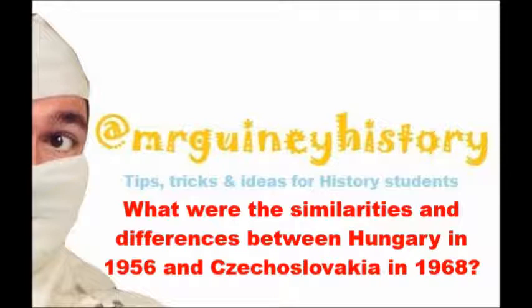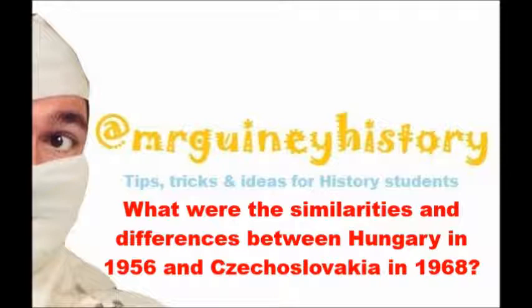Khrushchev would not allow for it. Czechoslovakia, on the other hand, had learnt from this because their uprising took place 12 years later, and so Czechoslovakia had no plans to pull out of the Warsaw Pact. Moreover, whilst there had been troops stationed in Hungary, they were not in Czechoslovakia.